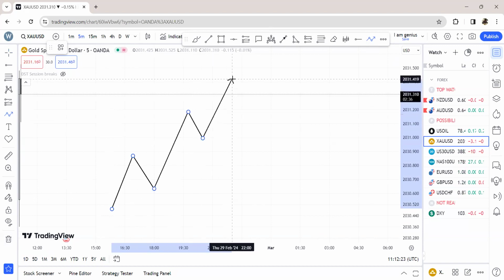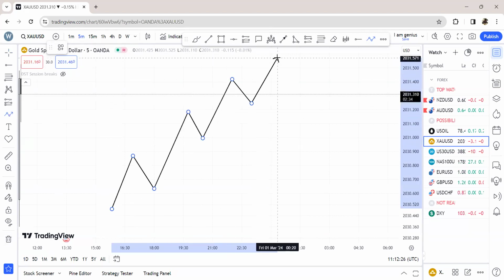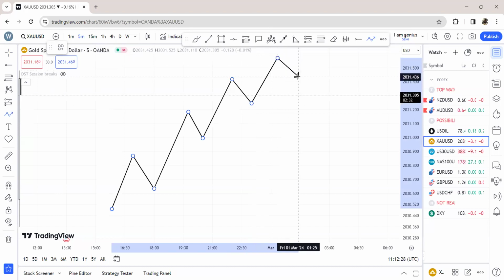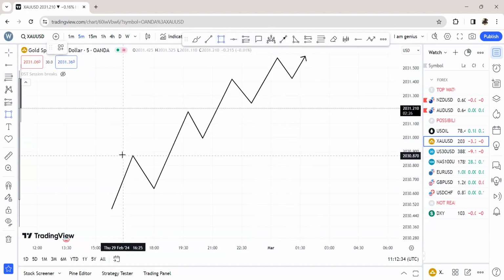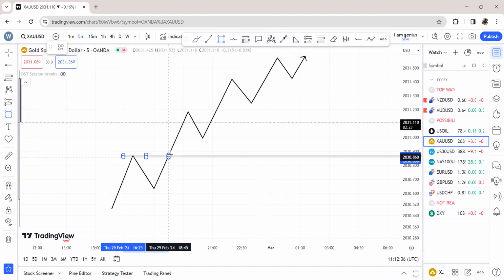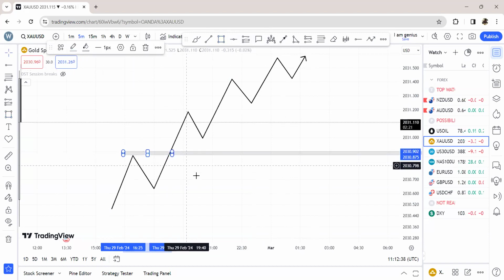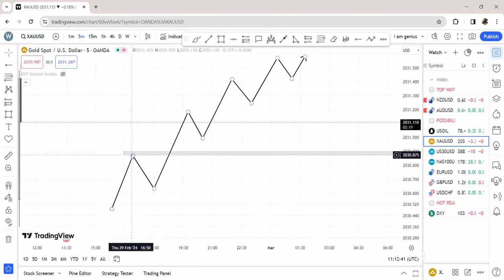So quickly, let's just look at this. This is an uptrend, a trending market. In my earlier videos, I said these levels where the market fails to go any further up are called resistance levels.